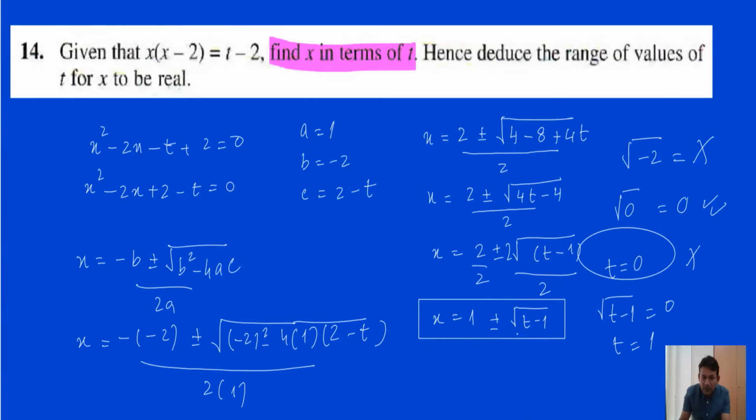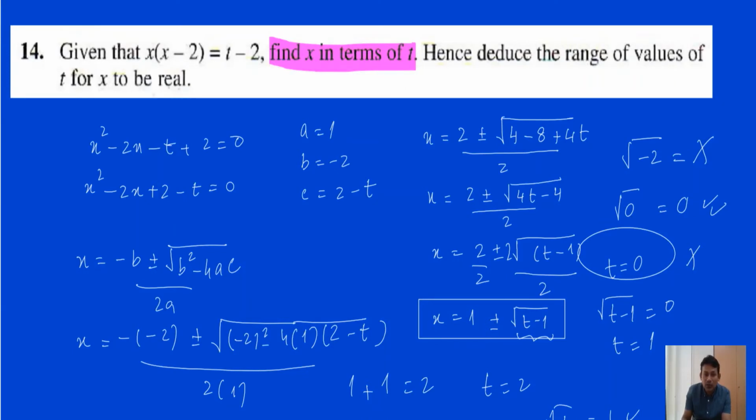So for this part, what we can do, t minus 1, 0, t is 1. It means if you have t minimum value 1 and it's coming 0, you can solve it. If you have 2 here, suppose t is 2. 2 minus 1 is 1, okay, and root 1 is 1, a positive value, and 1 plus 1 is 2.